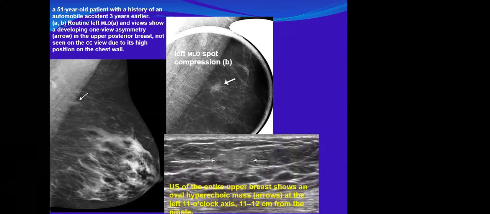Is it asymmetry or focal asymmetry? Since it does not spread away, I need to make sure it is three-dimensional, that it is seen in other views at different angles. So, okay, this is the ultrasound.